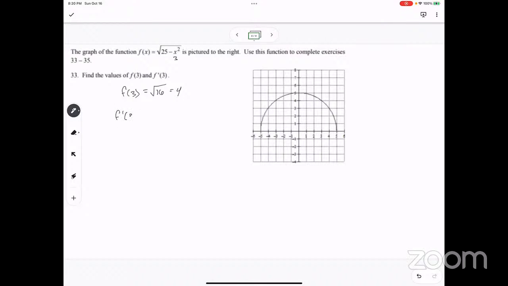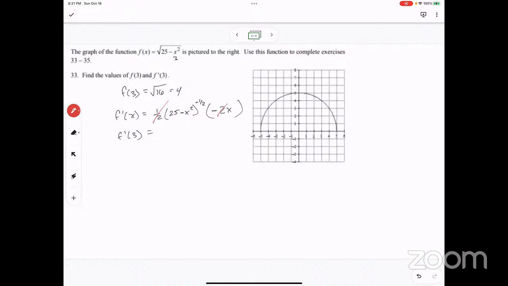And the derivative at 3, well, let's take the derivative. I'm going to have to use the chain rule, right? Mm-hmm. Which is 25 minus x squared to the negative 1/2 times negative 2x. So for the derivative at 3, I'm not even going to clean this up yet. I'm just going to leave it in that messy form. There's no reason not to. So the 2s are going to cancel.